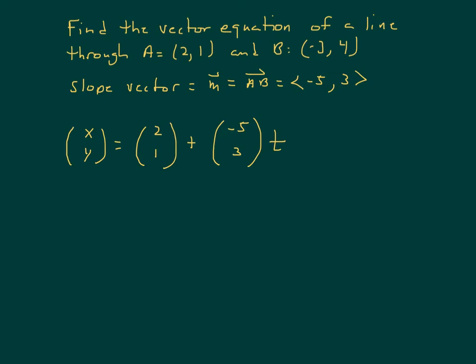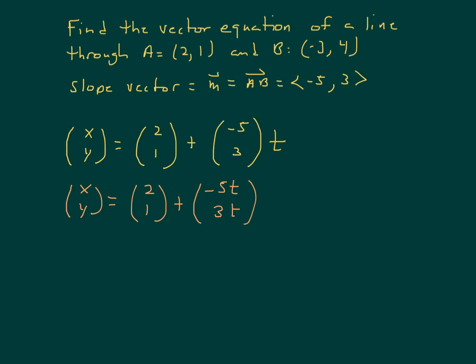So what I'll do, first we'll deal with the t. I know that (x, y) is equal to the point vector (2, 1) plus (-5t, 3t), just using the idea of scalar multiplication.